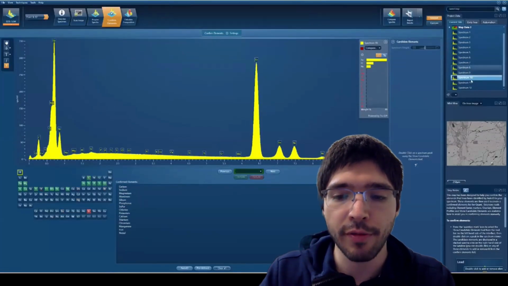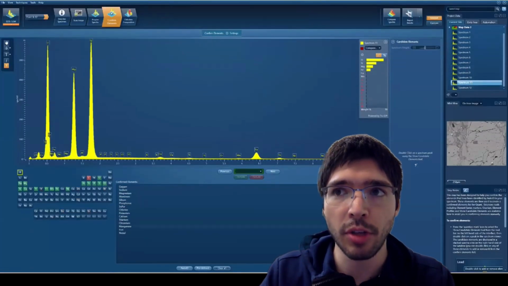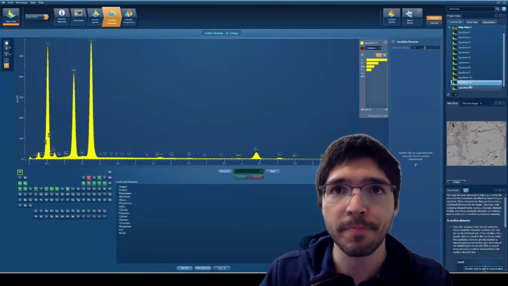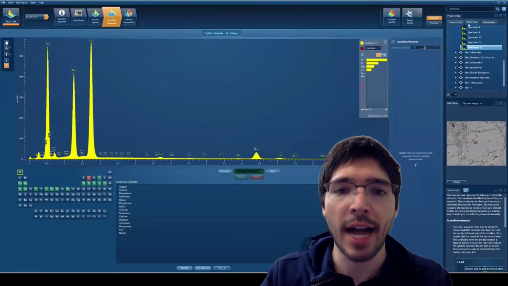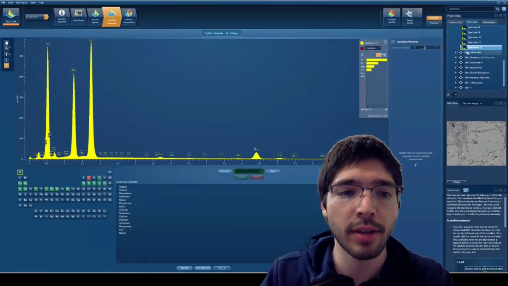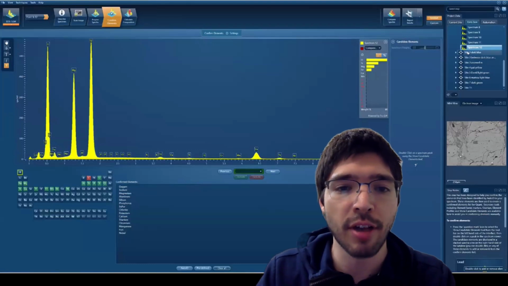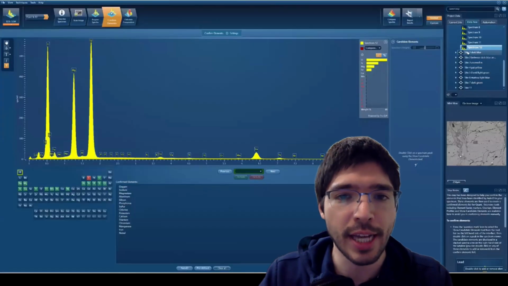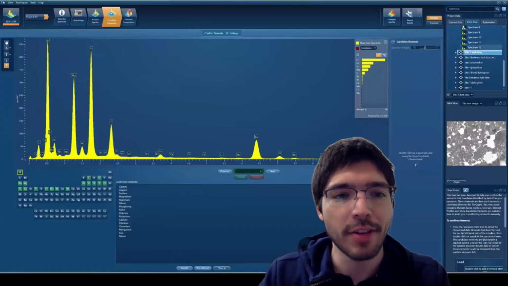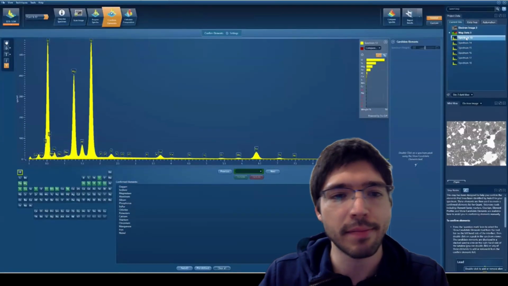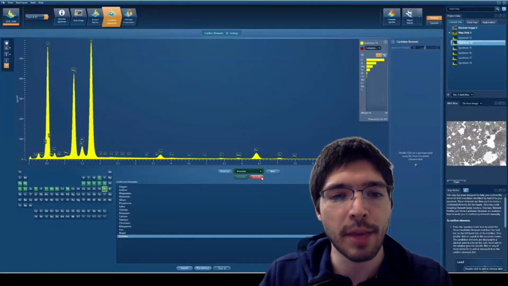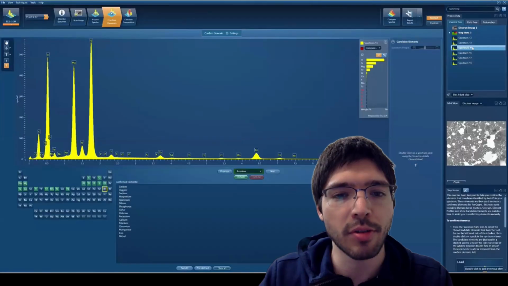Not a lot of geology departments that I know use Oxford Instrument detectors on their SEM. Some of them use different ones, but from using different processing softwares, this one is my favorite, just because it's very user friendly. As you can see right now, I'm looking at the energy spectrum for the different areas that we went to, and I'm just doing some data cleanup.